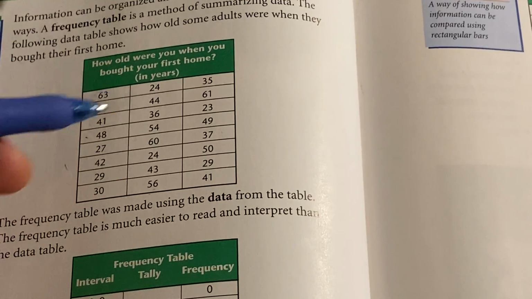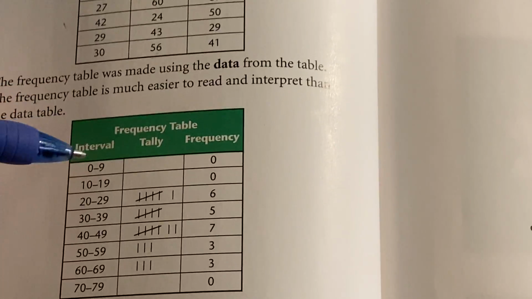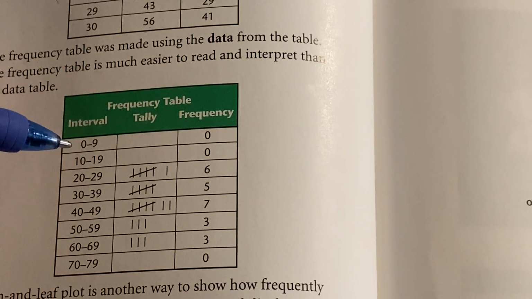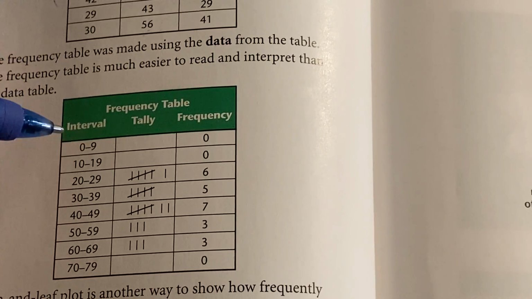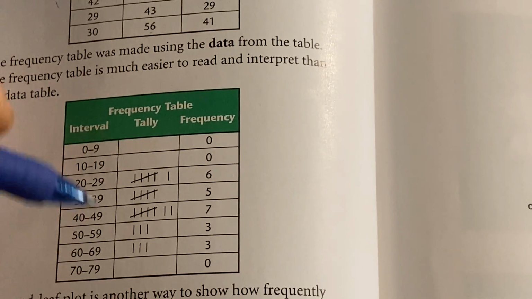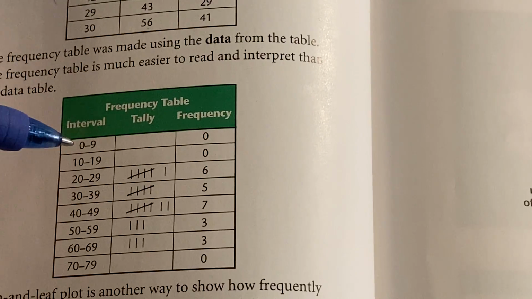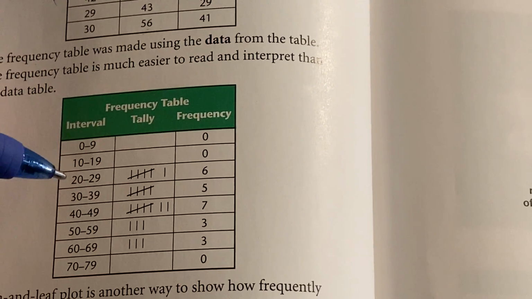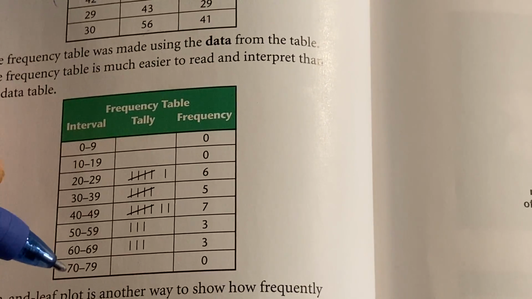The data used in the data table was organized below here. This was set up in intervals, 0 to 9. And we can use these as ages that people bought their first home: 0 to 9 years old, 10 to 19, 20 to 29, 30 to 39, 40 to 49, and so on.